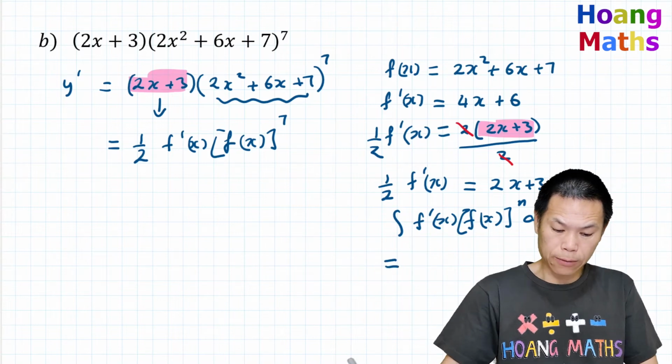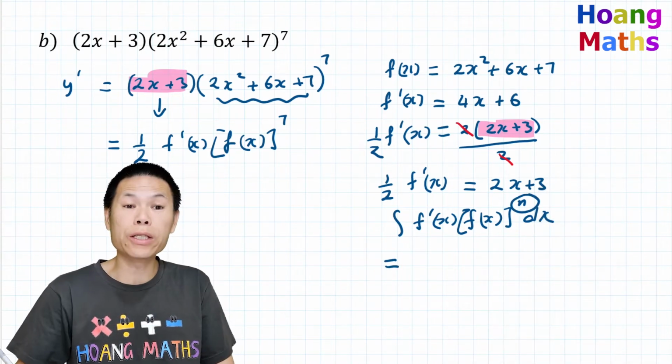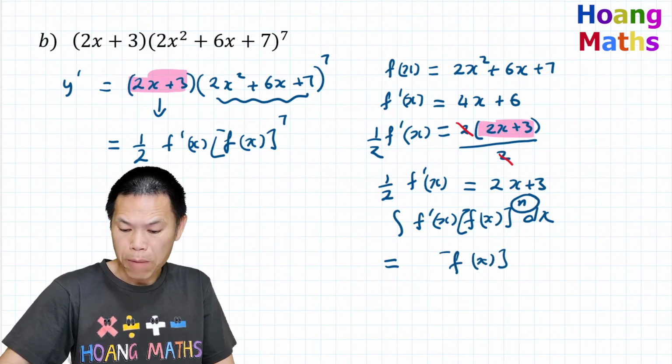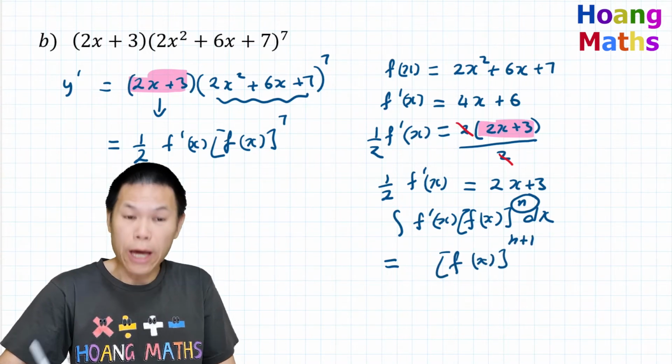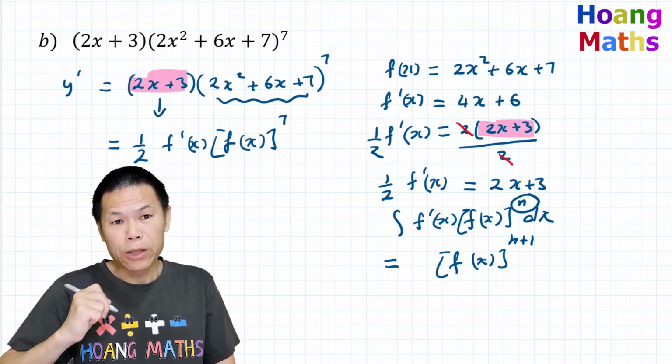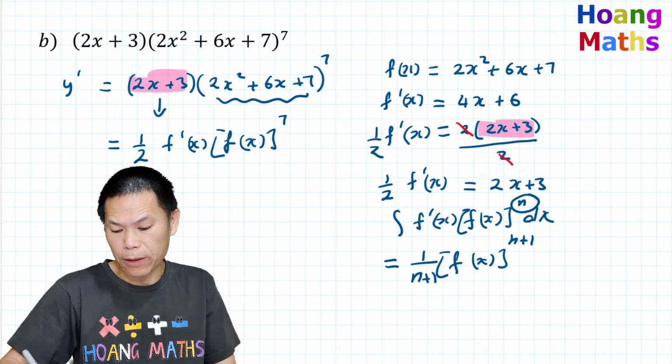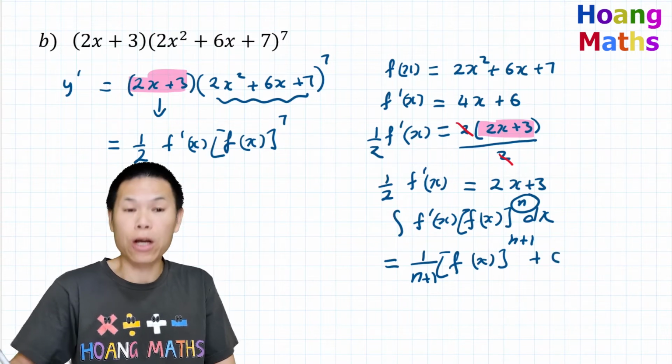That will give us, we add 1 to it, so that means f of x to the power of n plus 1, and we divide it by n plus 1. So that is exactly the same as 1 over n plus 1. And don't forget, we need to add a constant.